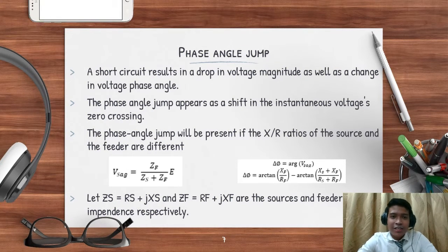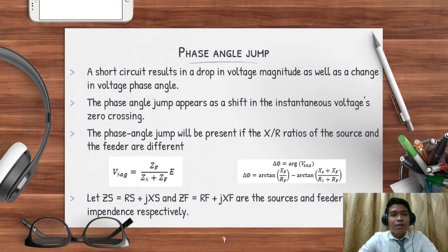A short circuit in the power system causes a drop in voltage magnitude and a phase angle jump. The phase jump is seen as a shift in the zero crossing of the instantaneous voltage. The source of phase angle jump associated with voltage sag from the figure below may be utilized to understand the single phase voltage divider model. Let's assume ZS equals RS plus jXS and ZF equals RF plus jXF are the source and feeder impedance respectively.